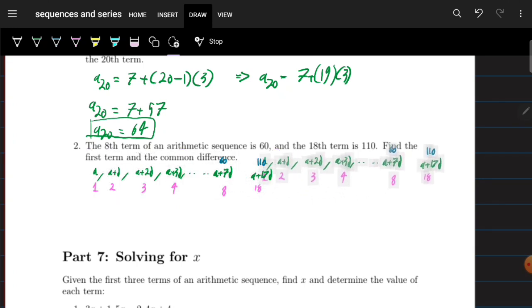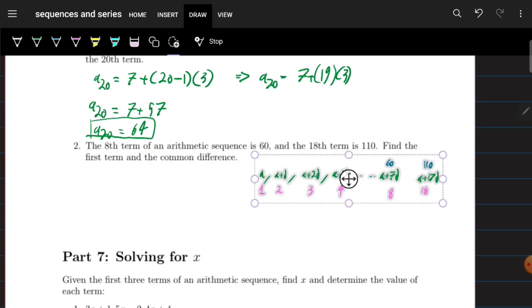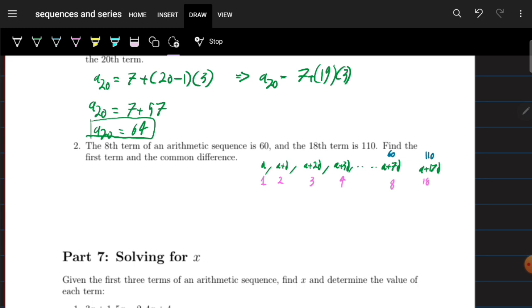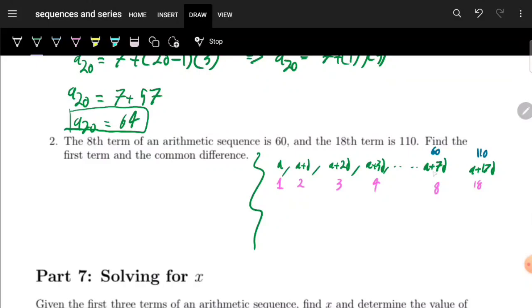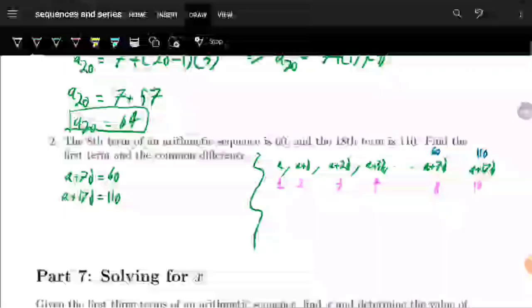To solve the rest of this problem, we're going to have to solve a system of equations. Why? Well, I know the eighth term is A plus 7D, and we know that A plus 7D is equal to 60, right? They told us that the eighth term is 60. And the 18th term is A plus 17D, and they told us that it is 110.